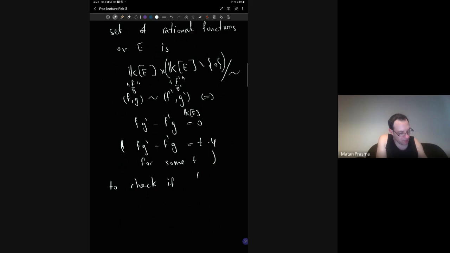So to check if f modulo g is equal to f prime modulo g prime, we can put f times g prime and f prime times g in canonical form.